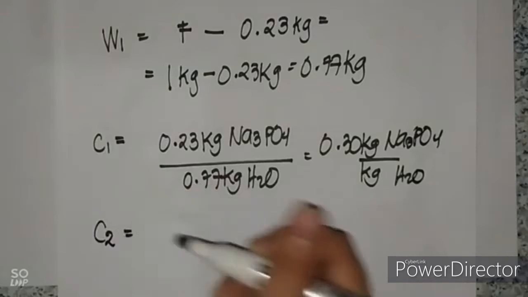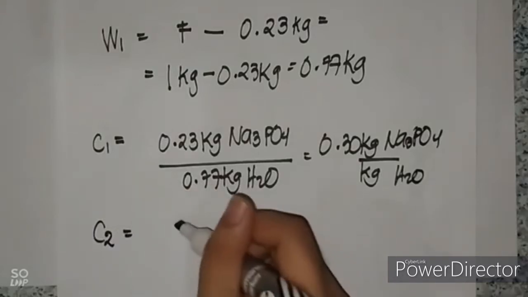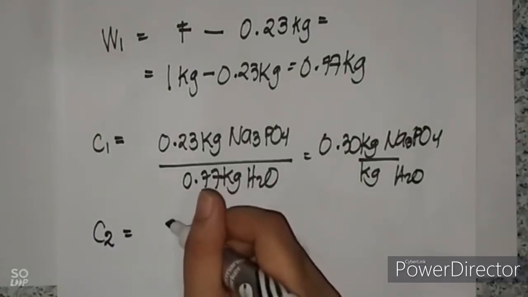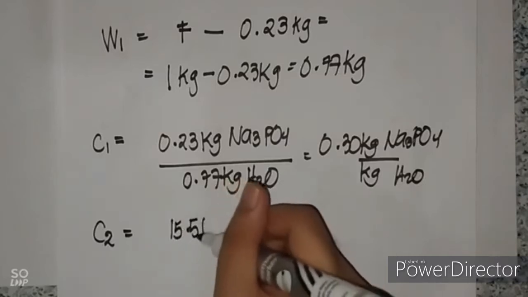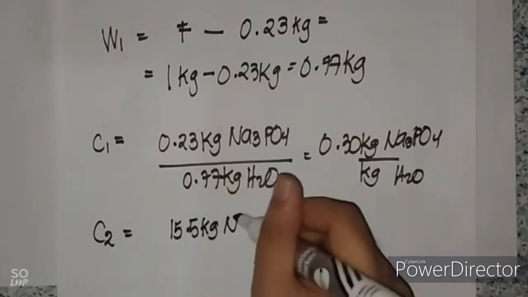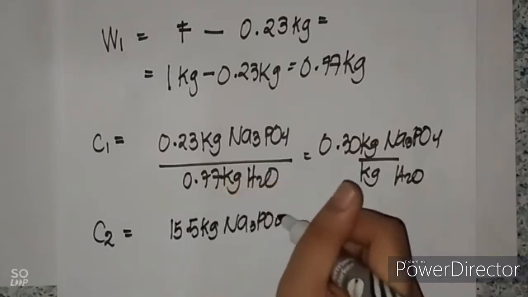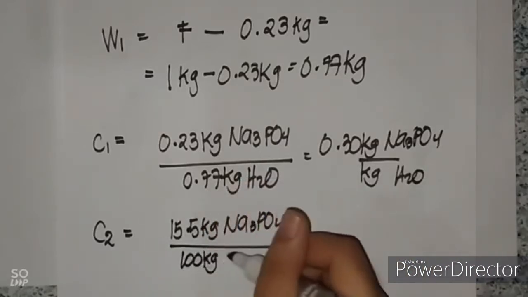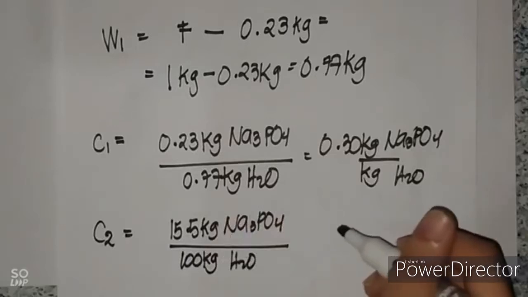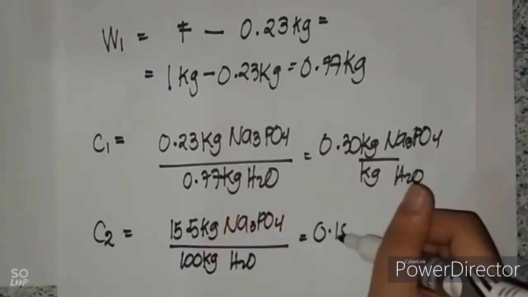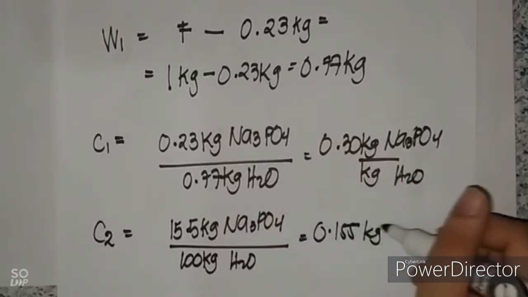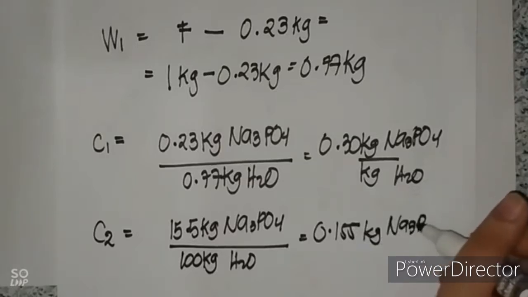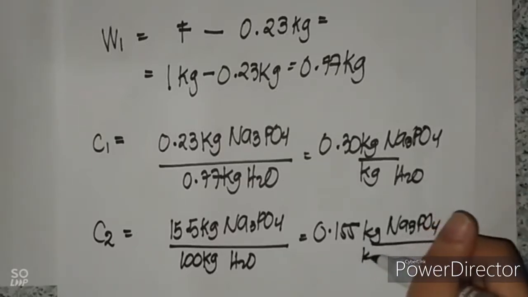For our C2 here, which is the final concentration of the solution, that's 15.5 kilogram of sodium phosphate over the 100 kilogram water. So that would be equal to 0.155 kilogram of sodium phosphate per kilogram of water.